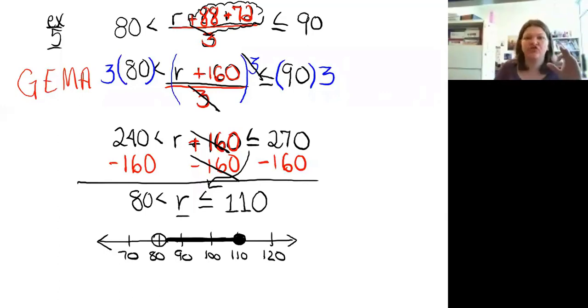Here's the second trick, and this is the big deal one. If you stop listening to me already, now's the time to pay attention, because this will probably definitely be on the GED. This is the big deal, new concept that comes with inequalities. And that is negating both sides.